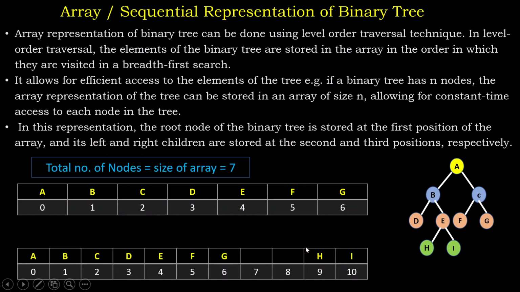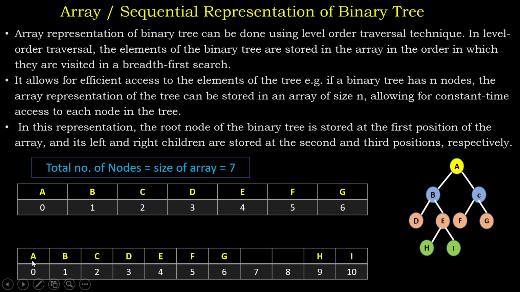I told you we have to go through the types of trees. So while representing up to 11 nodes, we can represent it in this way. The indexes start from the first, so a, the root, is 0, then second is the left, third is the right child, then again root, right, left, in this way.